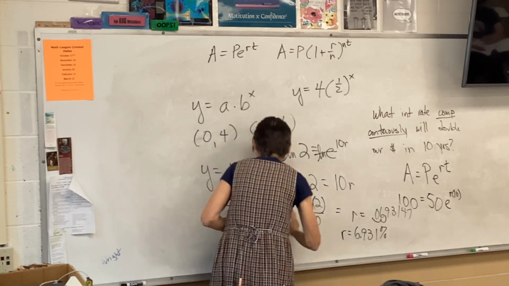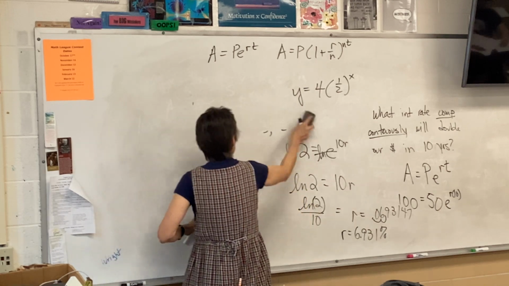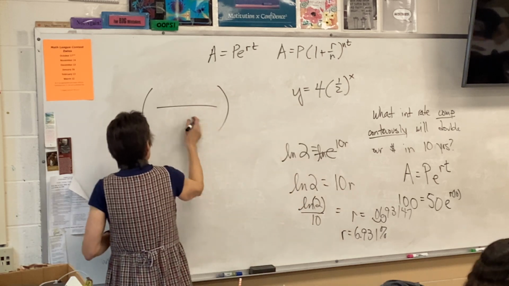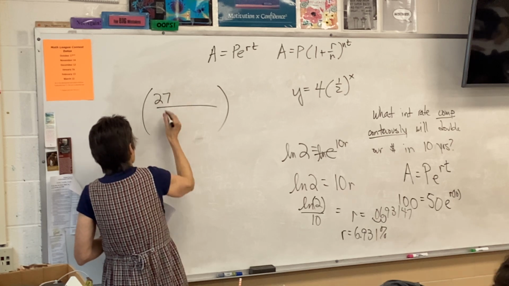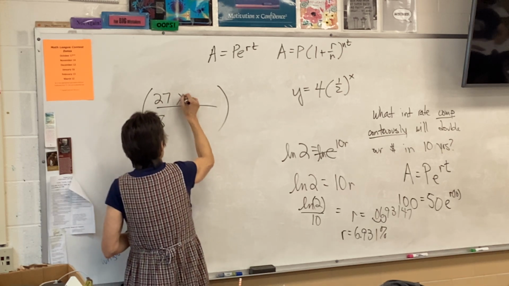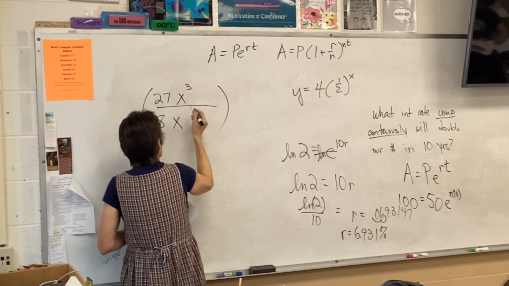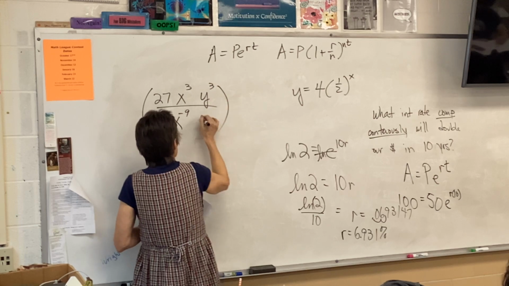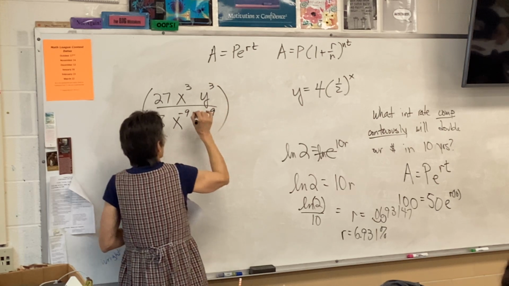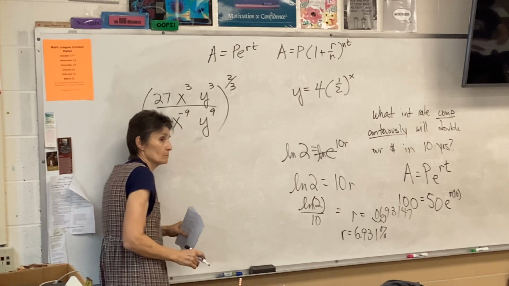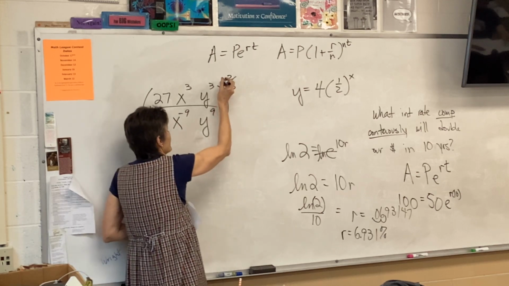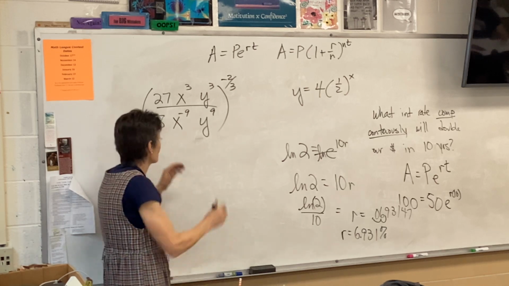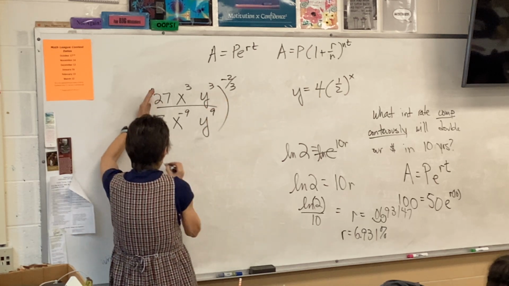3F is another exponent simplification problem. So let's make it (27/8 x cubed x to the negative 9 over y to the third y to the 9) to the 2/3 power. Let's make it negative 2/3 power. Okay? So, forget everything, start inside.